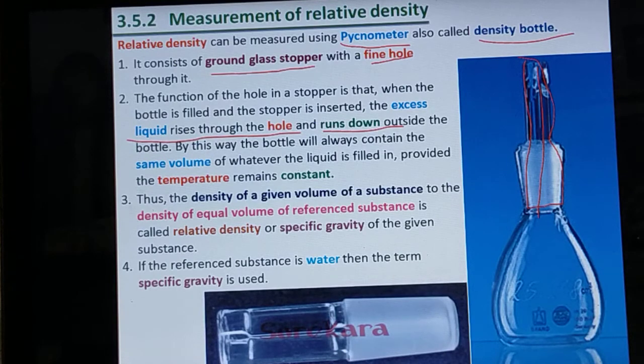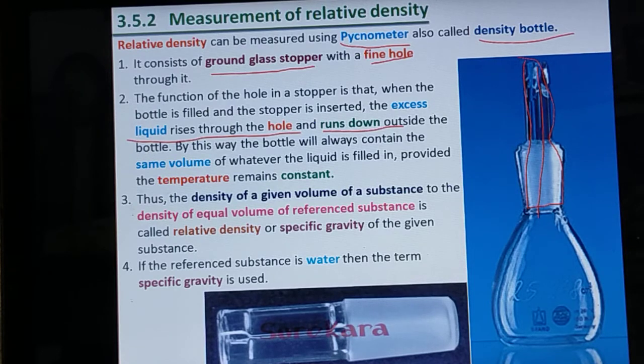Now the point 3: the ratio of the density of a given volume of a substance to the density of an equal volume of the reference substance. Here we can take water as the reference substance. That means the density of the given volume of the unknown substance, we are going to compare with the equal volume of water only.